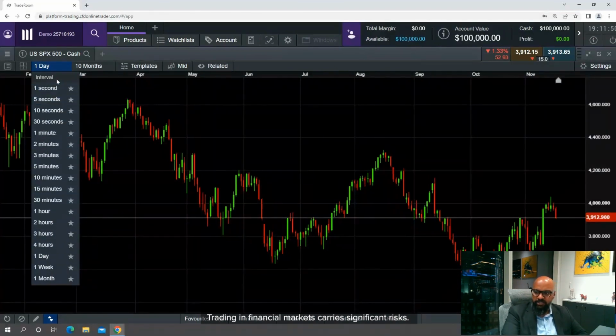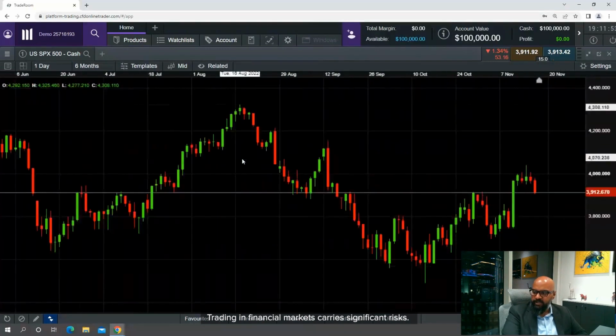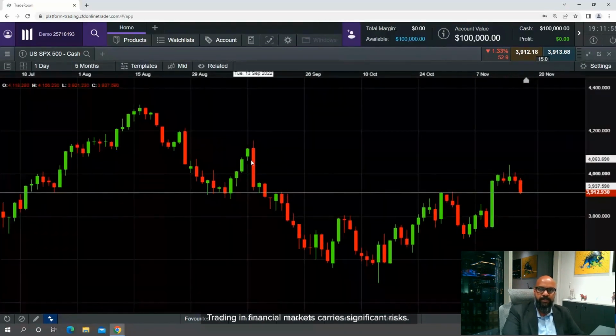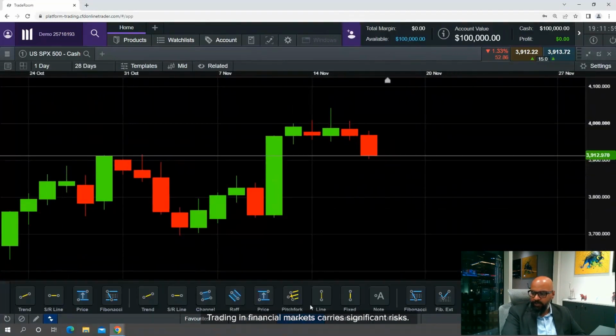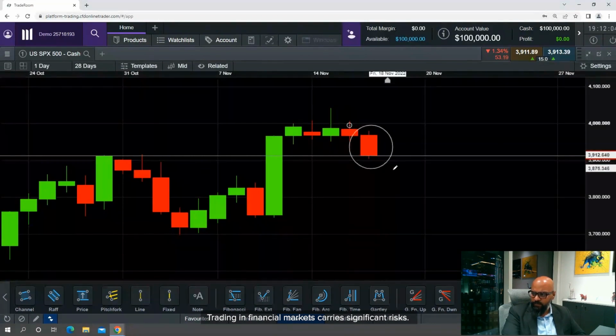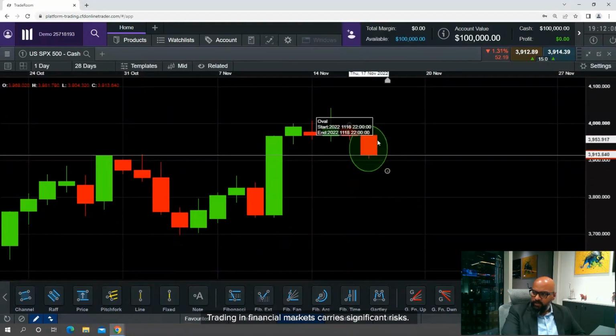When I'm looking at a daily chart, each of these candles represents every day's move. For example, let's look at what is happening today. This is the live price that's happening on SPX. Now for today, SPX actually opened a little higher.